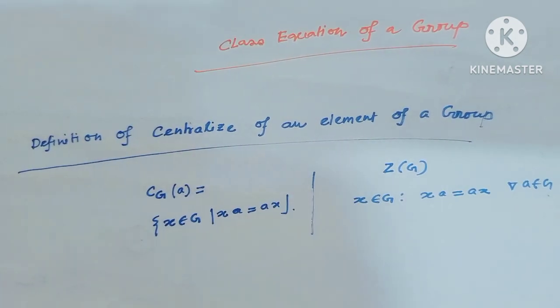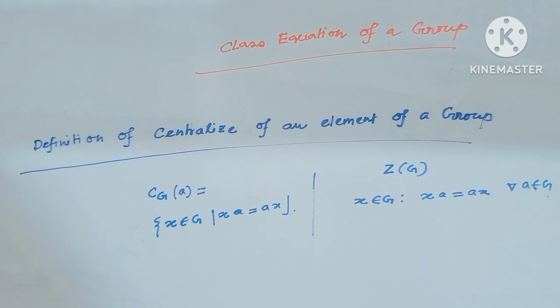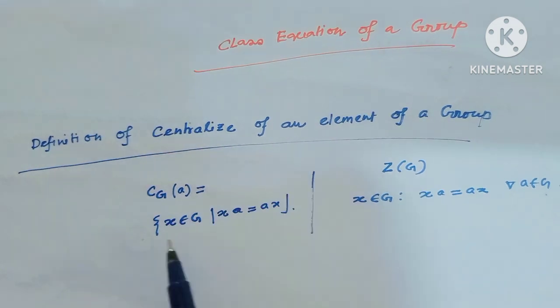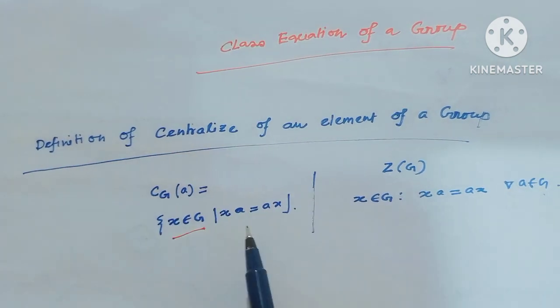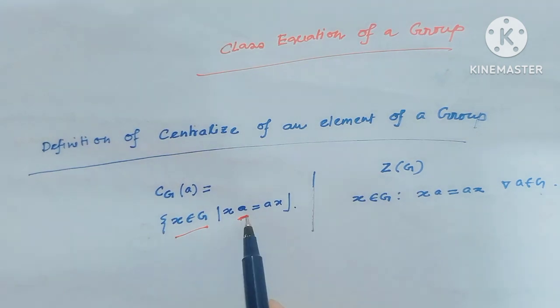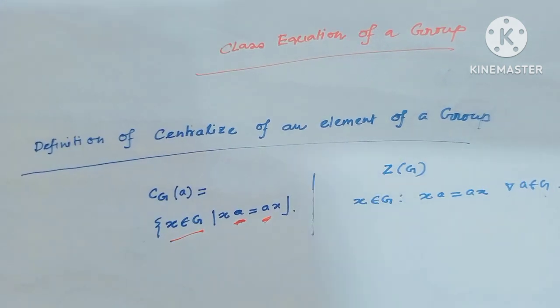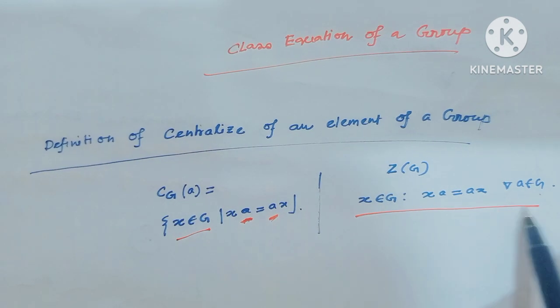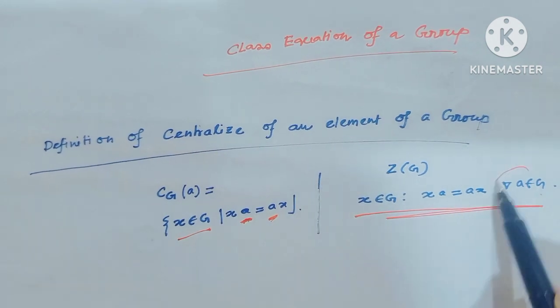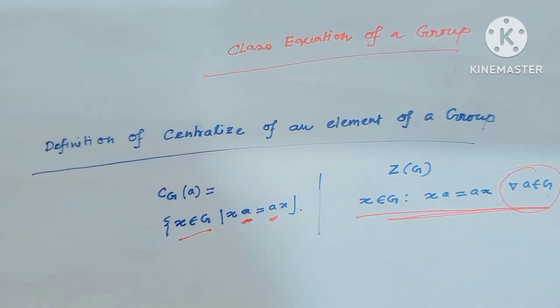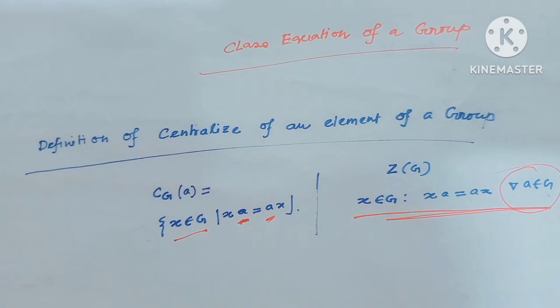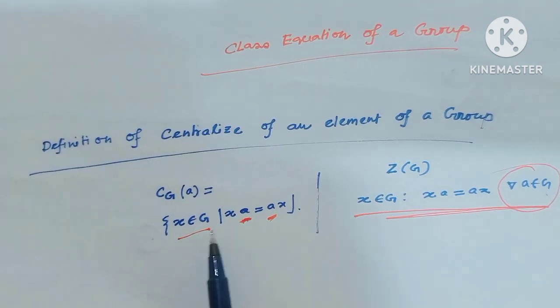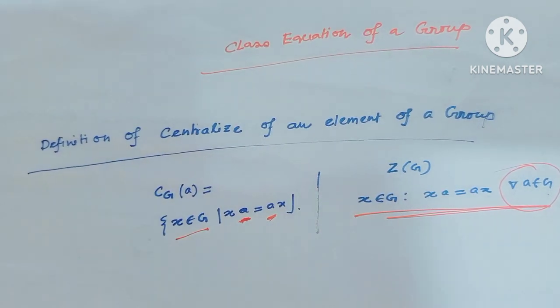And centralizer of a means the set of those elements in the group G which commute only with the particular point a. Here is the difference: the center is the set of those elements which commute with every point in the group, but here the elements commute only with a particular point.